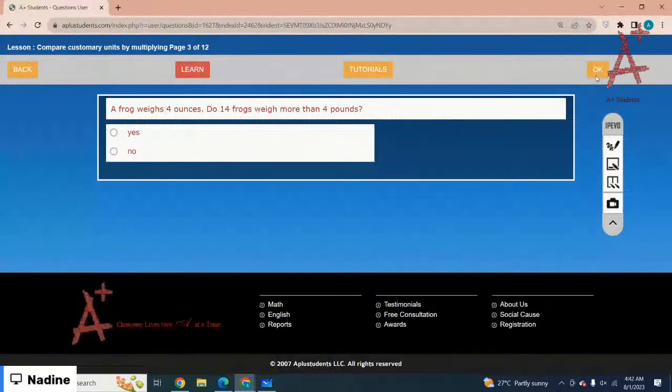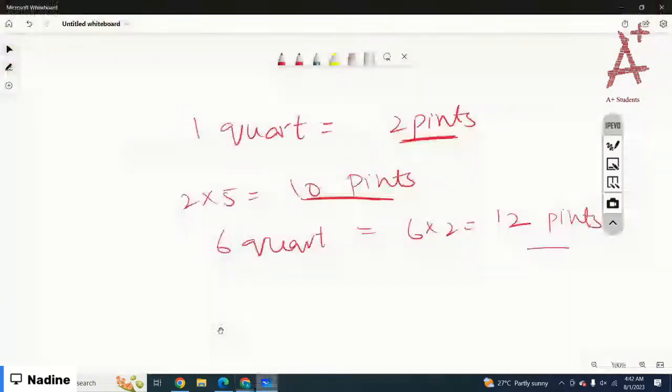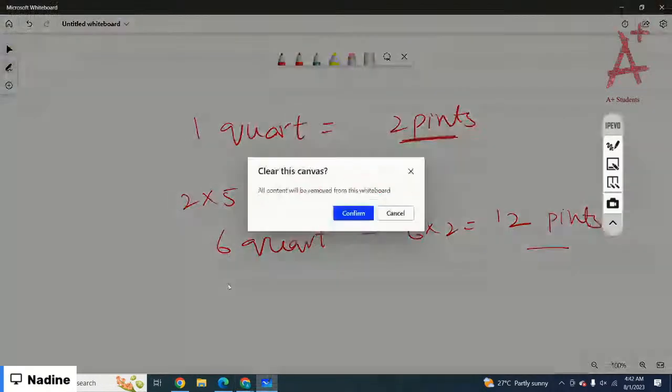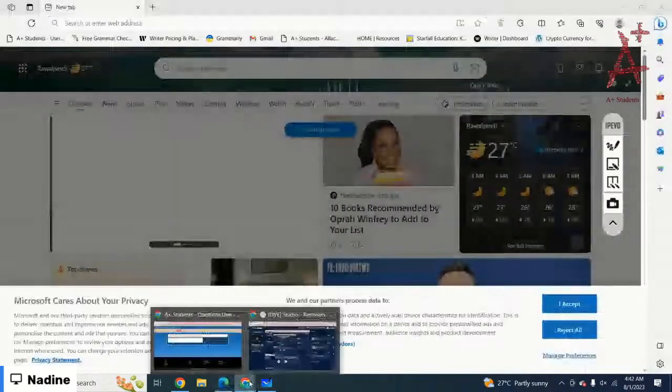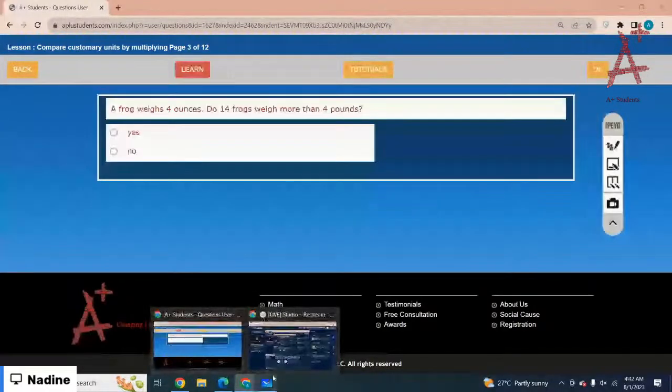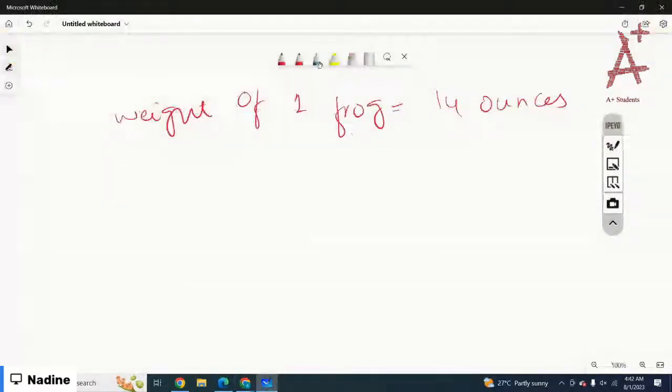Okay, the next one is a frog weighs 4 ounces. Do 14 frogs weigh more than 4 pounds? The weight of one frog is 4 ounces.